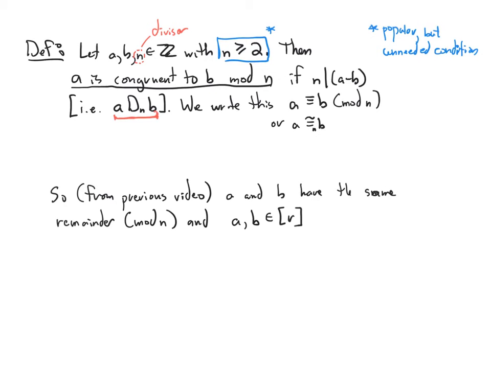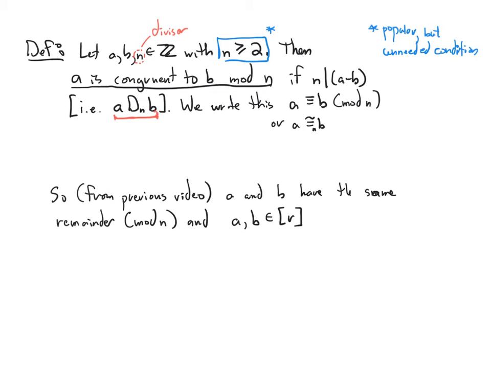And we write that either a is congruent to b with mod n in brackets like that, or another popular-ish notation, it's getting to be more popular, is you use this congruent symbol with a little subscript n in between them. It's like an equals, but it's saying a and b are congruent mod n. These notations mean the same thing.